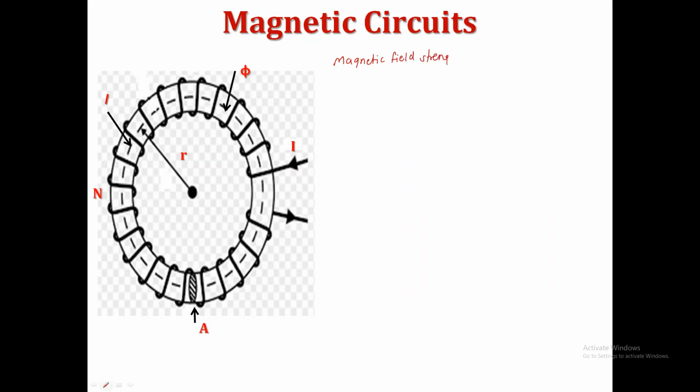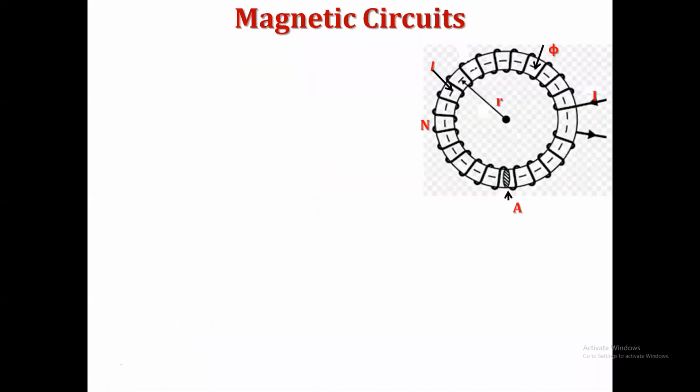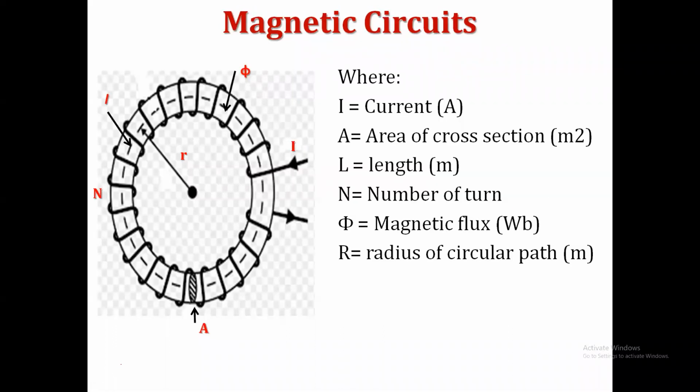Or better, once again have a look at the terms I assume in the magnetic circuit here. I is the current, A is the area of cross section in meter square, L is the length, N is the number of turns, phi is the magnetic flux, and R is the radius of that path.